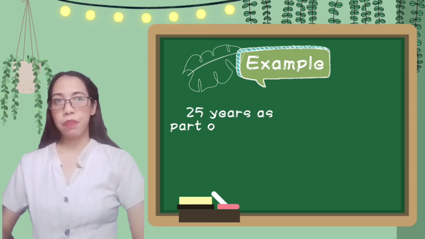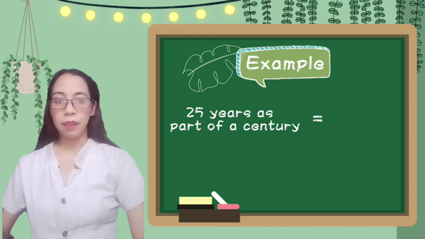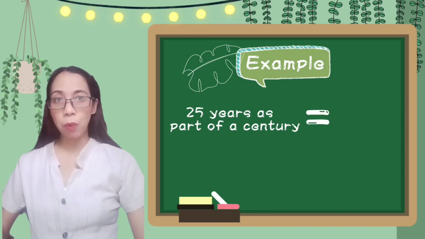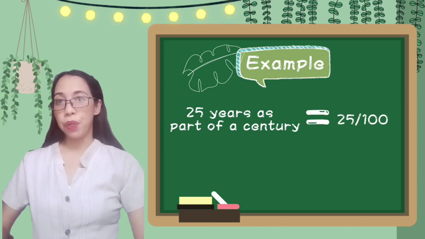25 years as a part of a century. What will be the fractional part of 25 years as a part of a century? Because we have 100 years in one century, the fractional part will be 25/100.